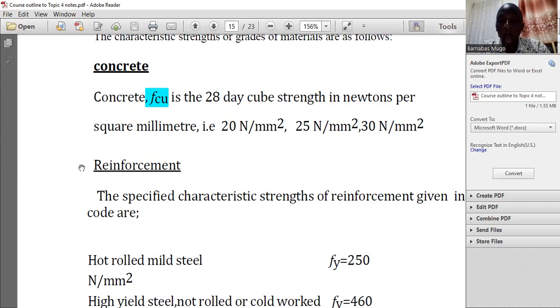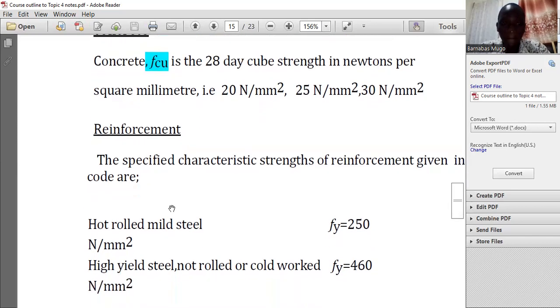FCU being the 28-day cube strength means that we are only taking the strength of concrete after 28 days. In these 28 days, there is curing taking place. So the 28th day of curing of that concrete is the one that is going to give us the characteristic strength of that concrete, for example 20, 25, and 30. So FCU is the characteristic strength of concrete. It can be 10, 15, 20, 25, 30, as we did in the previous case.